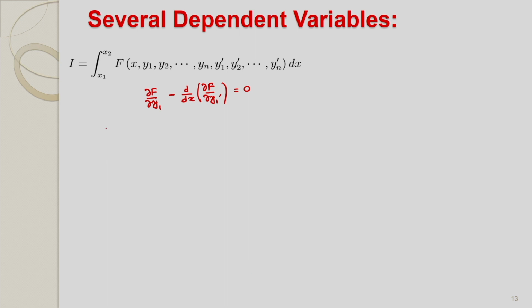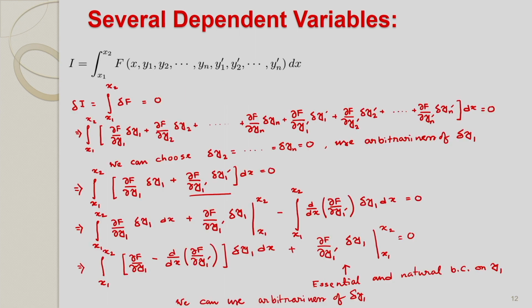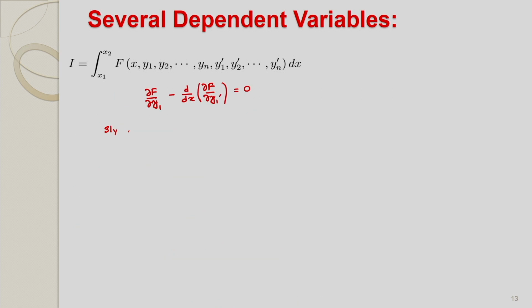Now, similarly, we can make other variation 0 other than delta y2, and in the similar way we can write this differential equation with respect to y2.